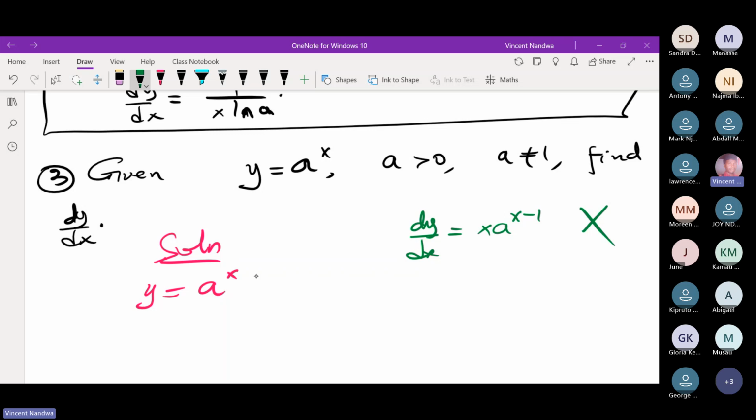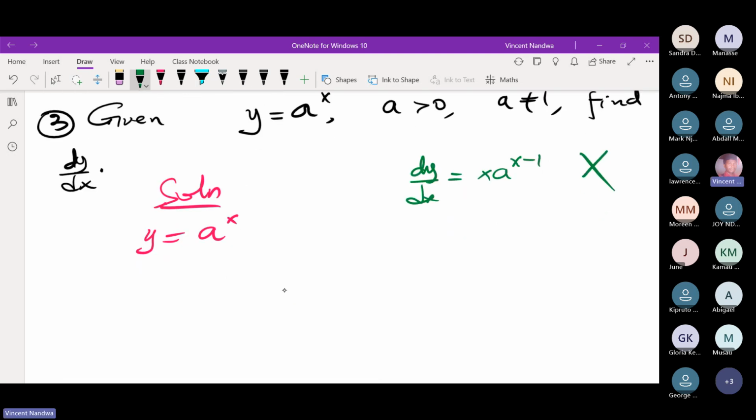That can only be possible if x is the base and a is the power. Then that would be the correct interpretation. But when x is the variable in the power, then it is not an application of the power rule. So what you do is introduce ln on both sides. So ln of y equals ln of a power x.